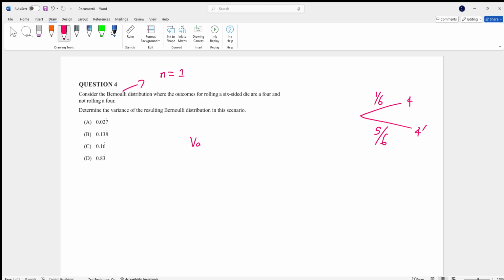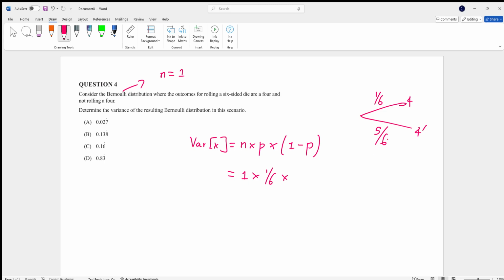So the variance for a binomial distribution is the number of trials times the probability of success times the probability of failure. In this case the number of trials is 1. So it's 1 times the probability of success. The probability of success defined in this situation is getting a 4 on the dice, which is 1 over 6.